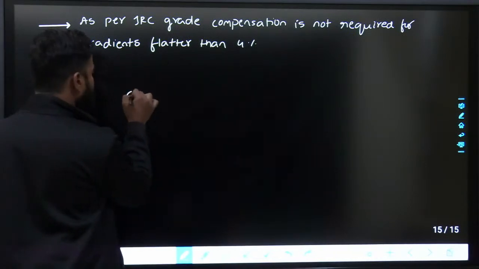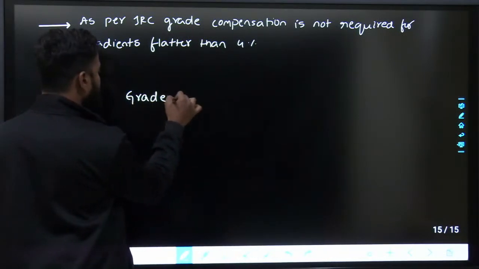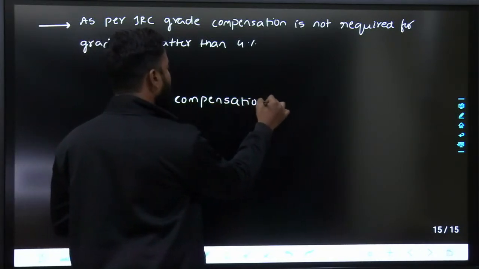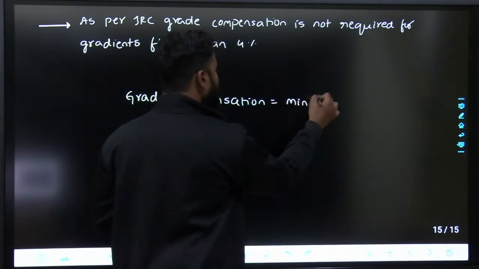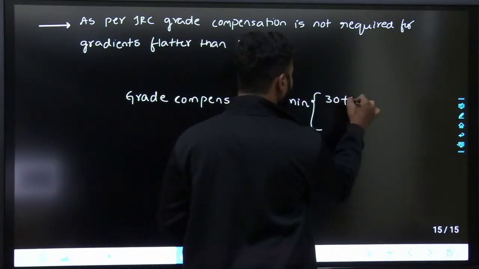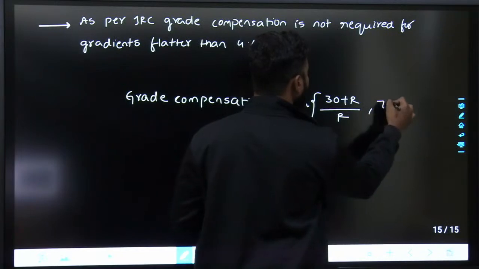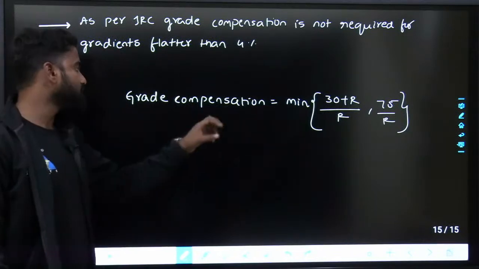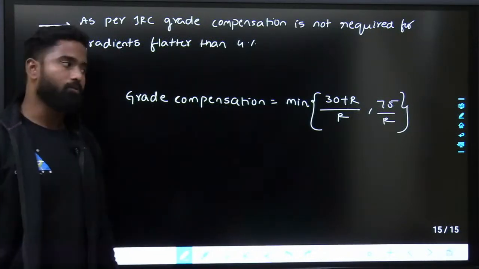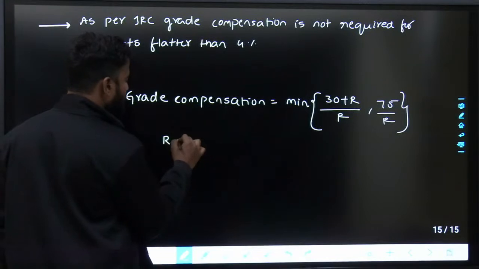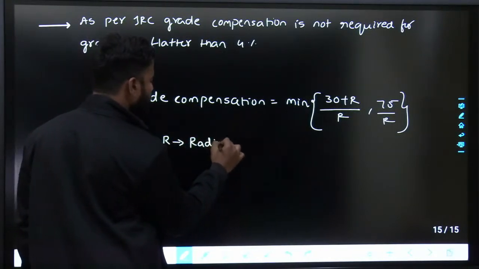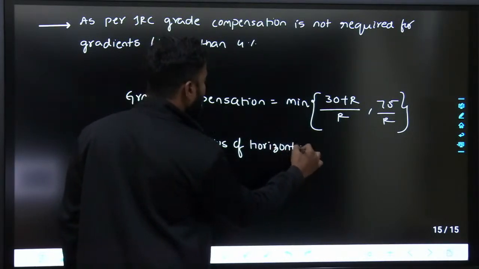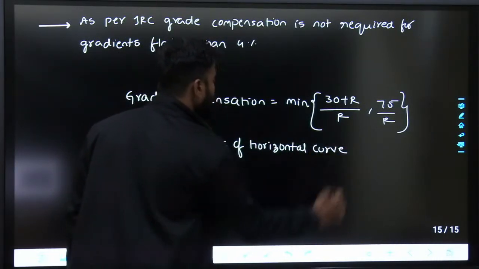Generally, grade compensation is given as minimum of (30 + R)/R, 75/R. The minimum of these two will be considered as the grade compensation, where R is the radius of the horizontal curve.